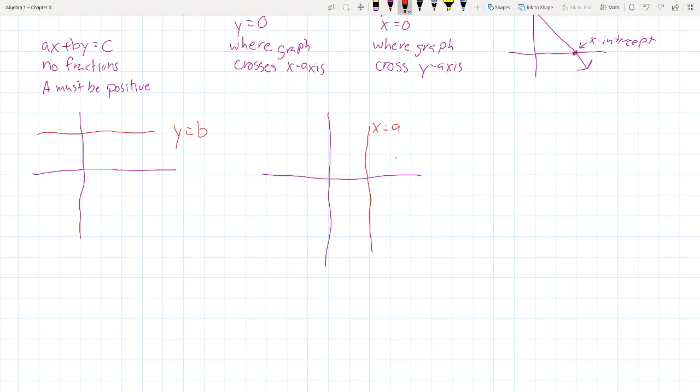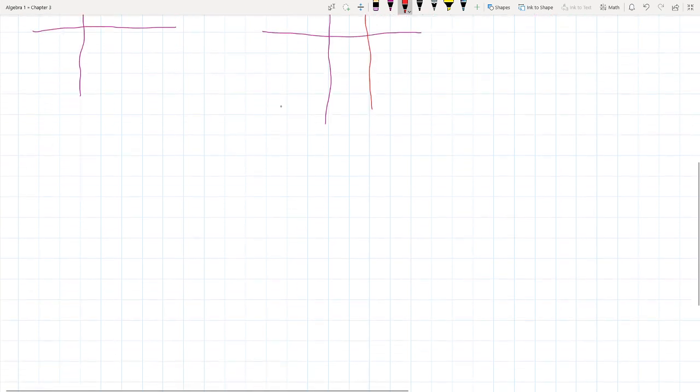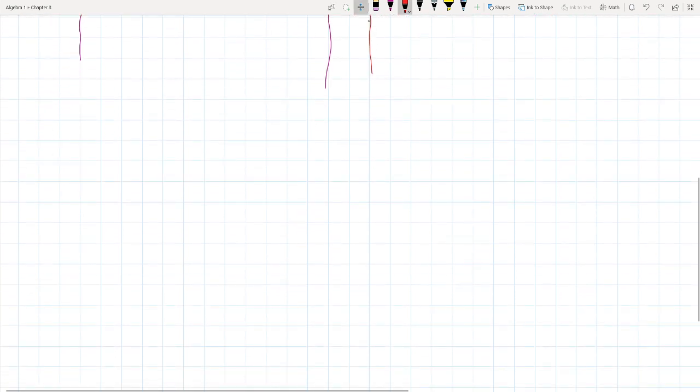In examples 1 and 2, we're going to graph the linear equation. So if I make a little graph, for number 1, we have y equals -3.